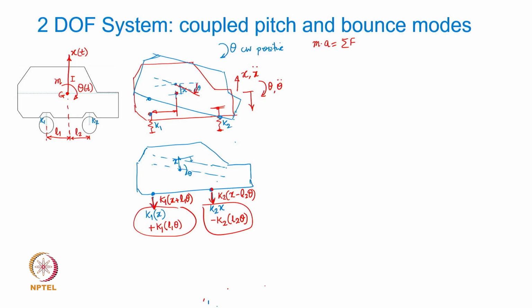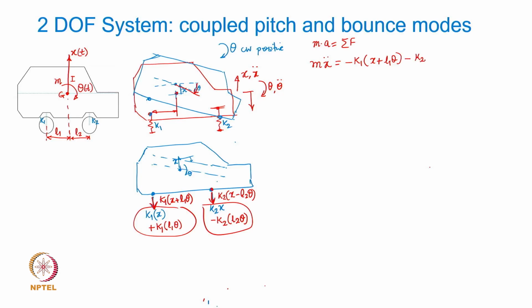If I look at the motion along X, the vertical bounce, then it's going to be m x double dot equal to, this force is going to be in the opposite direction, so minus K1 into X plus L1 theta, and minus, because this free body is being subjected to two of these restoring forces.